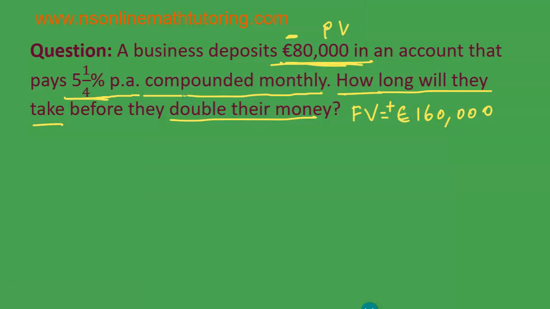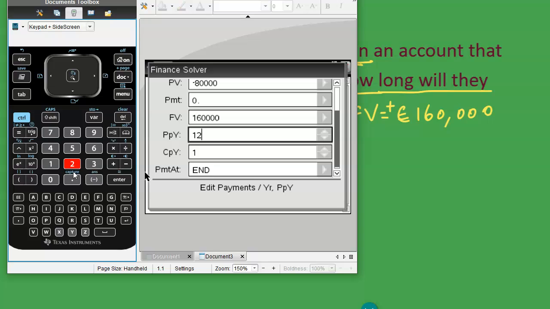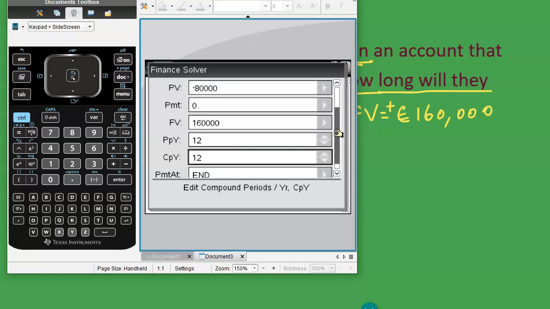This is compounded monthly, so the payment is done 12 times in 1 year. So we write this as 12. And compounded periods per year is also 12.